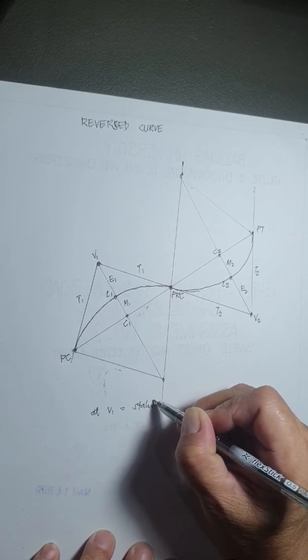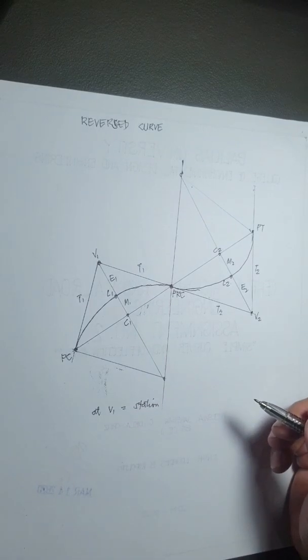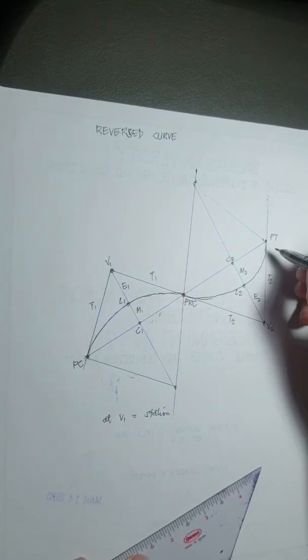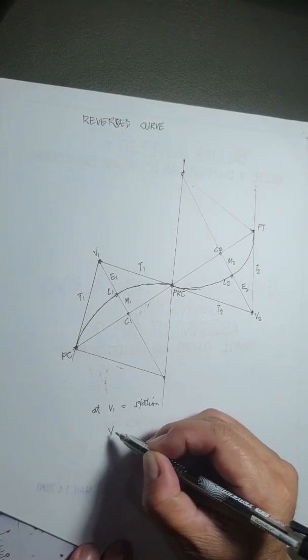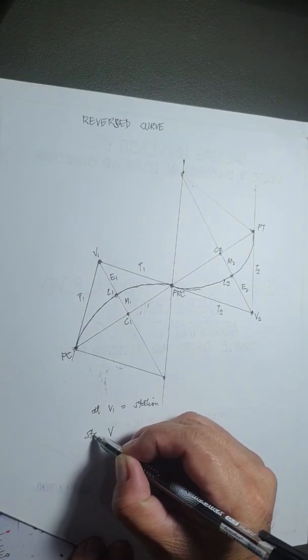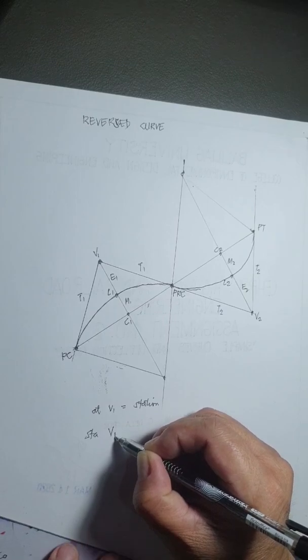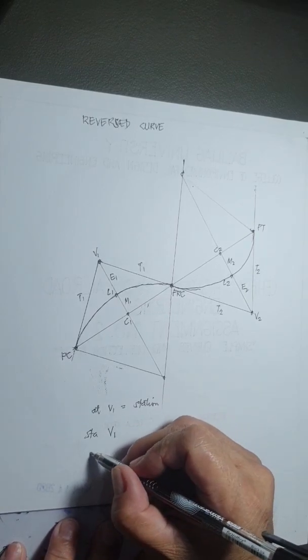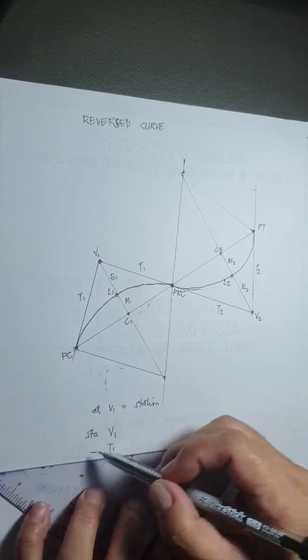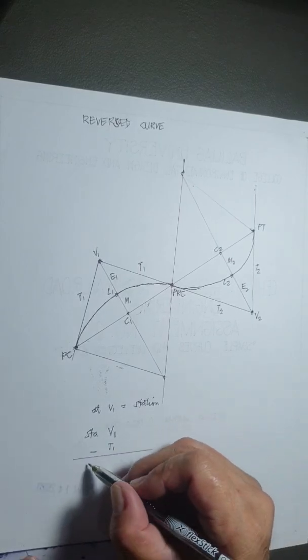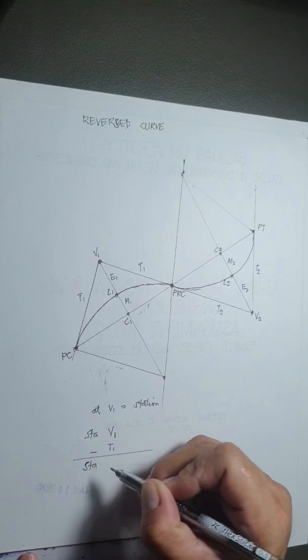Okay? Now, paano ka makakarating kay PC using your station? Station at vertex 1, okay? You subtract T1. If you subtract that, you'll get station PC.